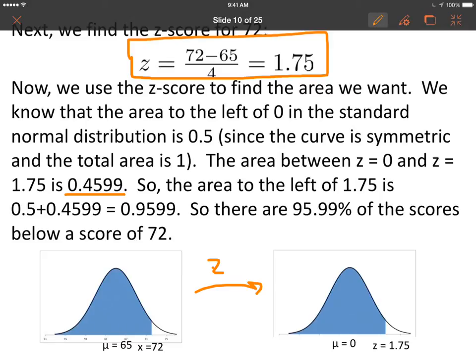Okay, so that means that the area to the left of 1.75, well, it's this area that we had shaded red, and now all of a sudden I'm making orange. Let's switch to red. Okay, so this red shaded area, which we just found in the table, was 0.4599.